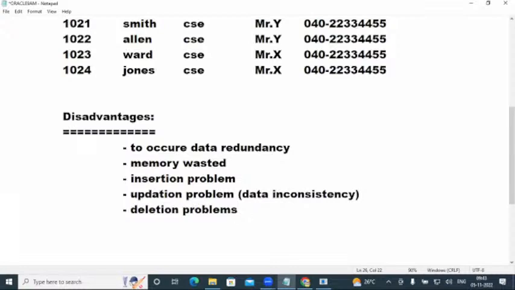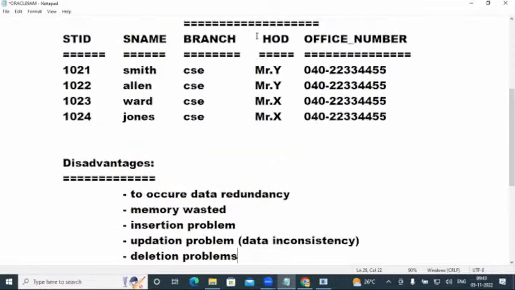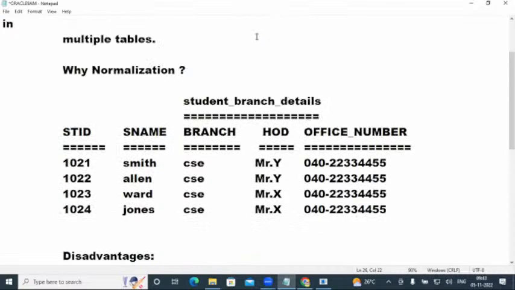Okay, so these are the main problems without normalization. When your table is not in normalized format, then we face these kinds of problems: redundancy, memory wasting, inconsistency, and deletion, insertion, updation problems also.